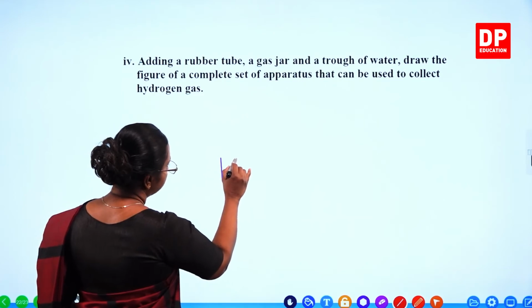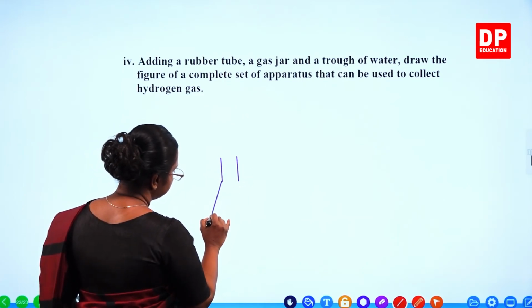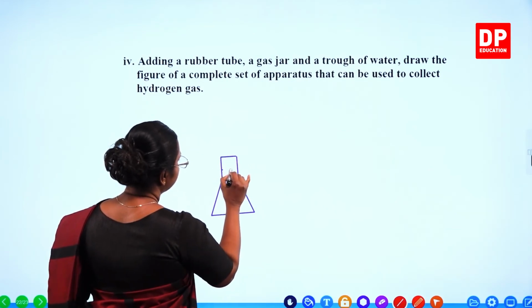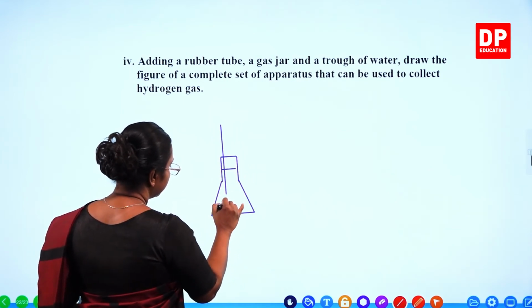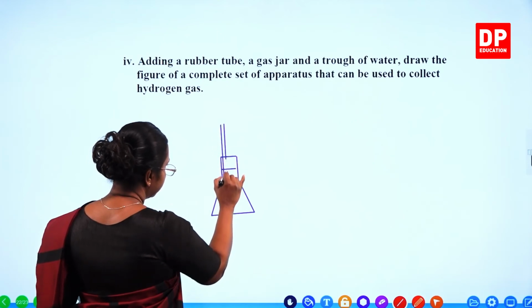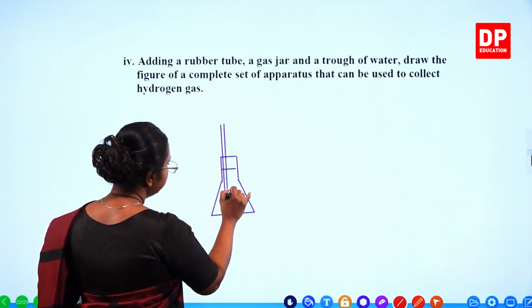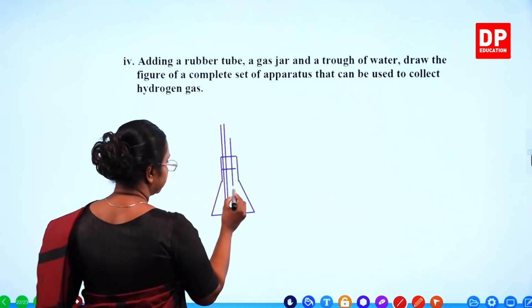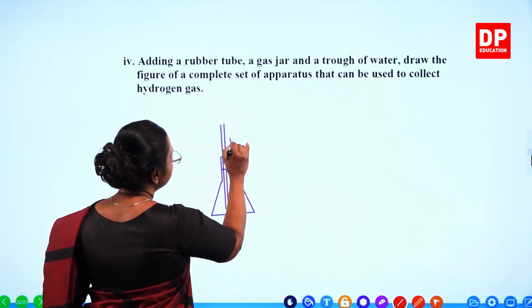We have the conical flask. Then we have the cork here. We need to have the thistle funnel. Then we need to have the delivery tube there.